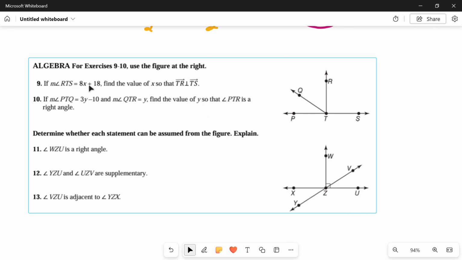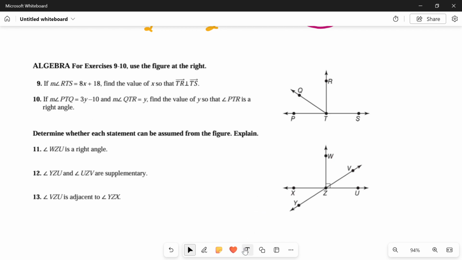Okay, we have: if the measure of angle RTS equals 8X plus 18, find the value of X. So that RT or TR is perpendicular to TS. So in other words, what would this X have to be in order for this to be a 90-degree angle? Well, we've got to solve for 90 then.